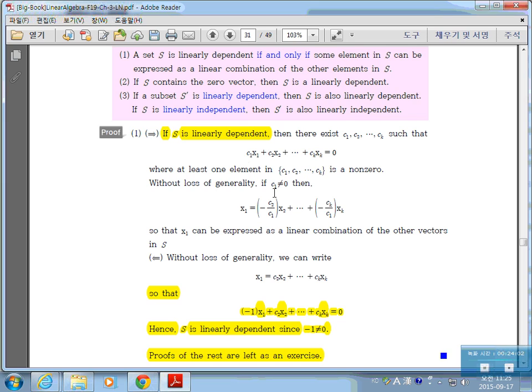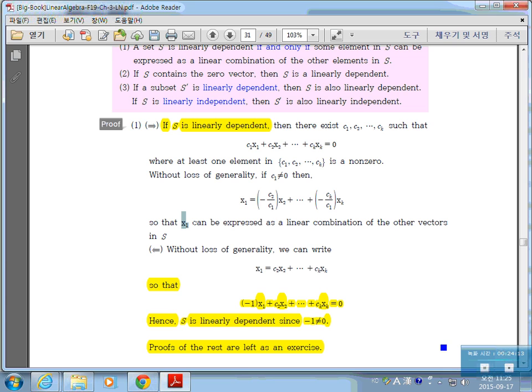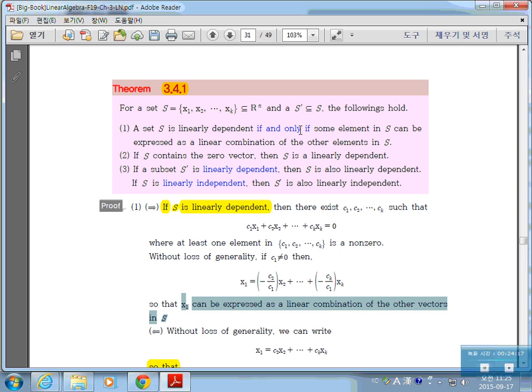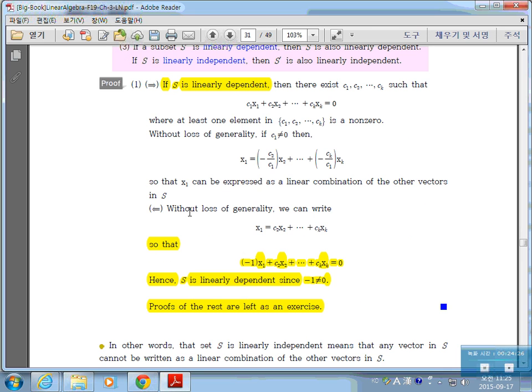Then we can divide all this by C1 and move the other terms except x1 to the right. Then x1 can be written in this way, which means x1 can be written as a linear combination of the other vectors, like what is said. Some element in S can be expressed as a linear combination of the other vectors. So it's been proved in one direction.